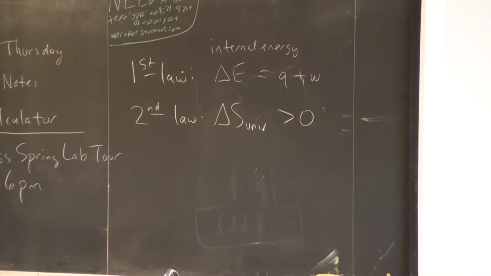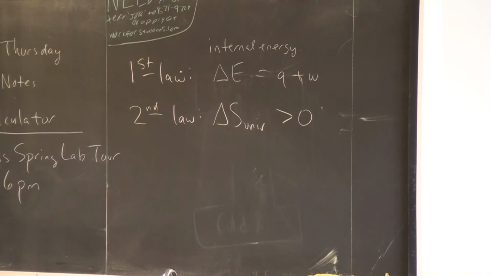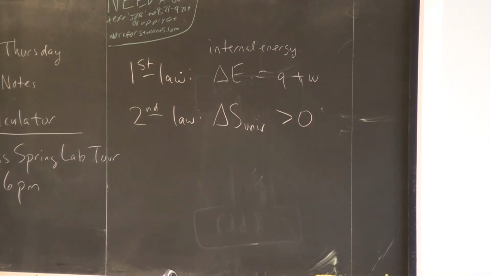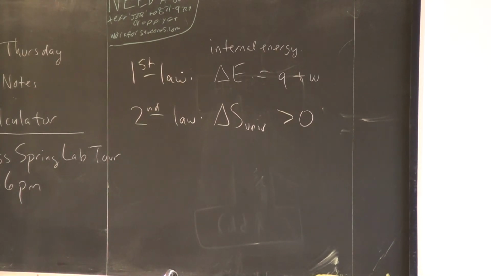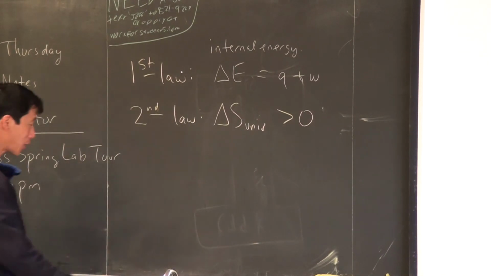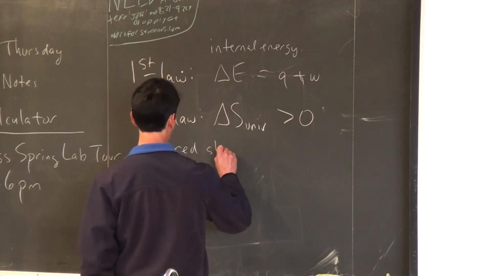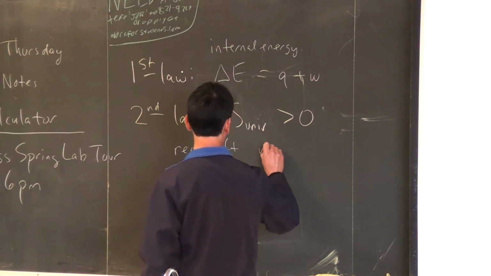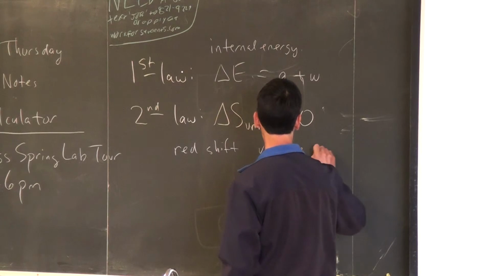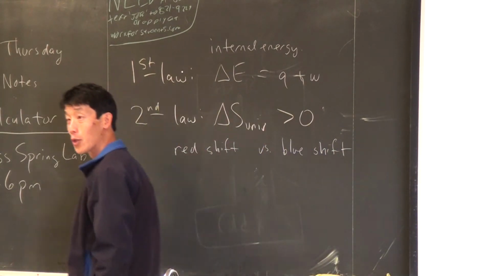And if you've taken astronomy, what observation tells you that the universe is expanding? Yeah. So what is it called? Is it called a red shift or a blue shift? Red shift versus a blue shift. So which one tells us that the universe is expanding?